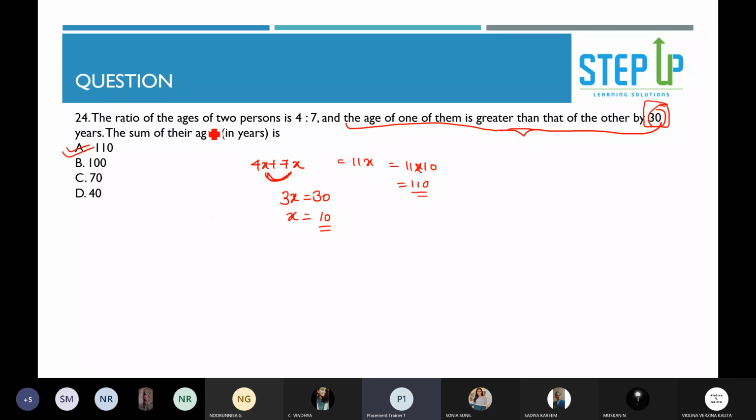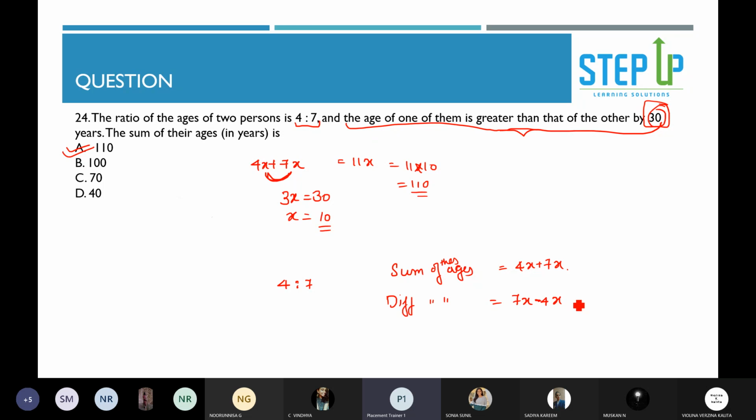So I'll repeat. The ages of two persons are given as 4:7. It means that the sum of their ages will be 4x plus 7x. And the difference of their ages will be 7x minus 4x.